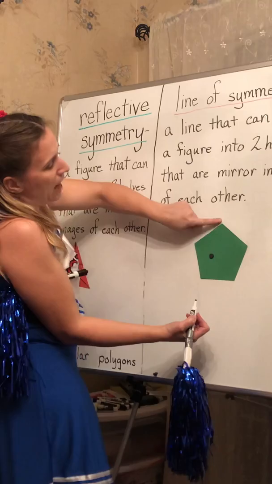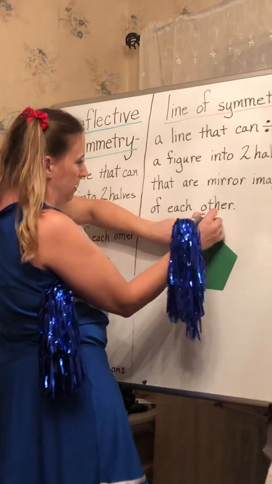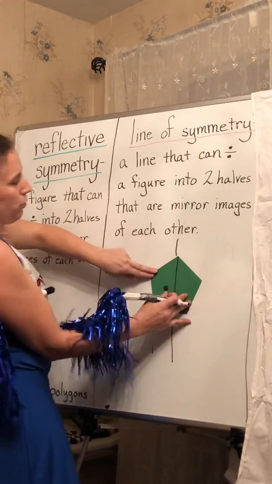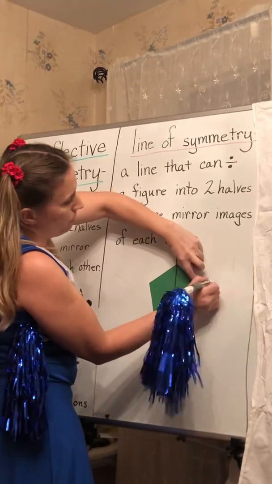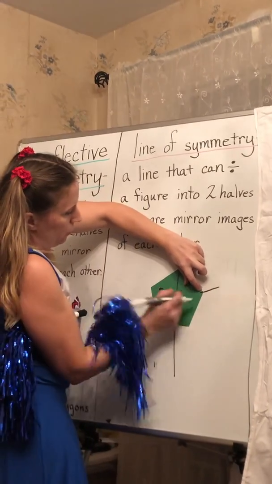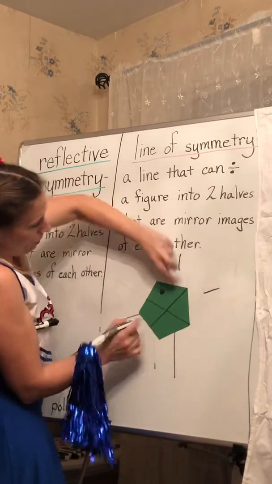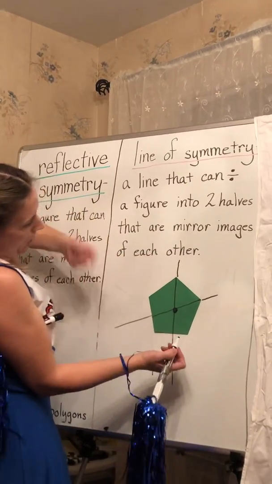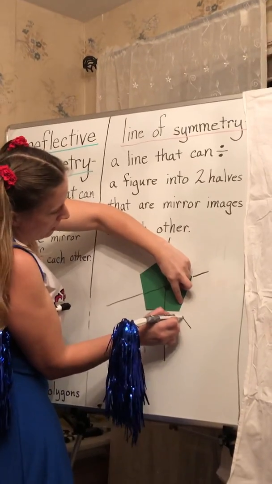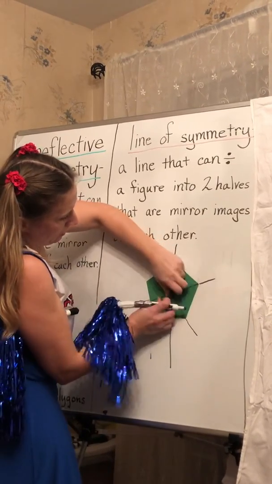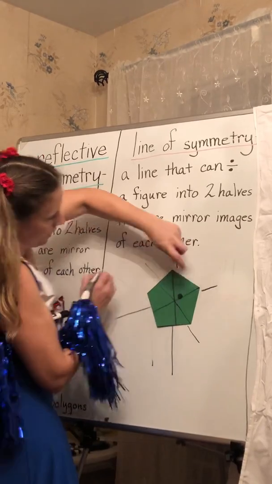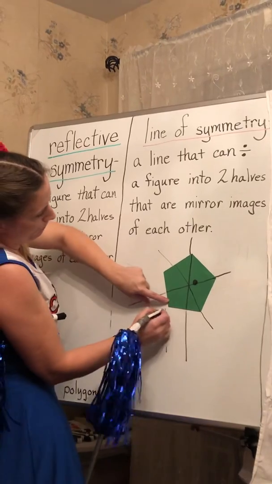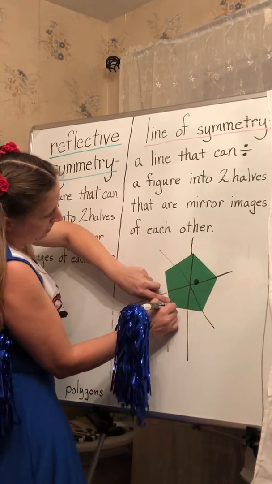Draw through the vertex to the other side. That's one line of symmetry. Divide through this vertex to the other side. Whoops, that's 2 lines of symmetry. Divide through this vertex to the other side. That's 3 lines of symmetry. Another vertex here I see. Divide.